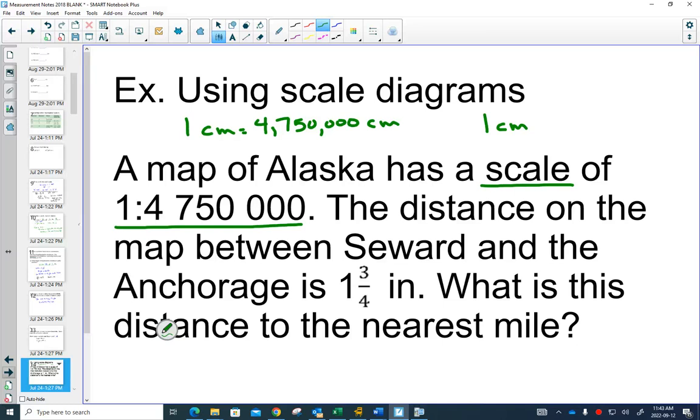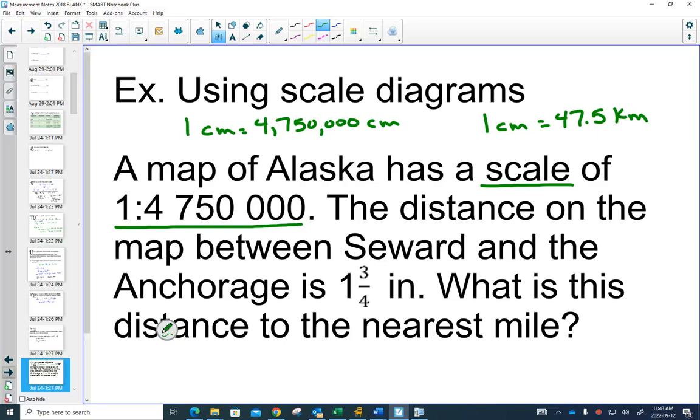So if I take off 2 zeros, that would change it to meters. If I take off another 3, that would change it to kilometers. So you will sometimes see maps that have units because it lets you switch.